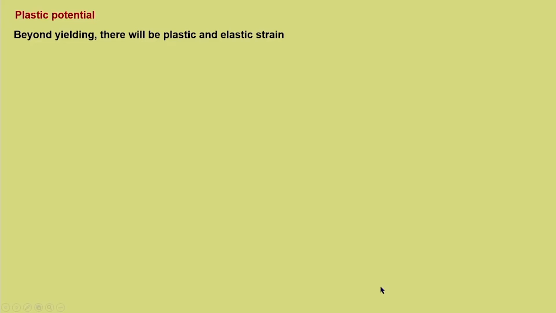So, now let us see, we also need to define the plastic strain. Now, how do we account for plastic strain, and for that we need to understand what is meant by plastic potential. Now, beyond yielding there will be plastic as well as elastic strain, that is why it is called elastoplastic response. So, elastic strain will also be there and there will be quite a bit of plastic strain as well.